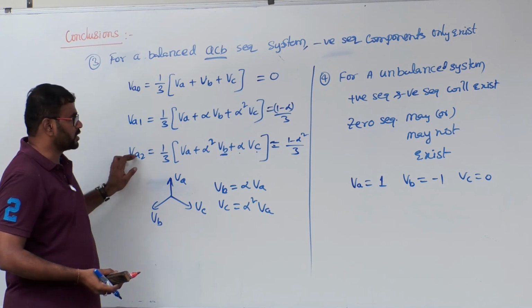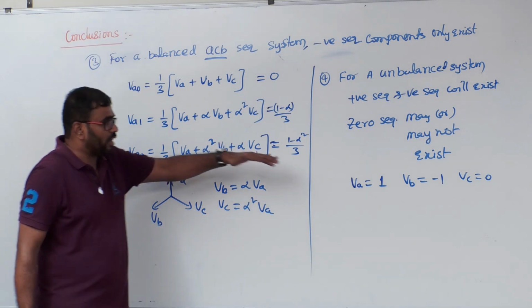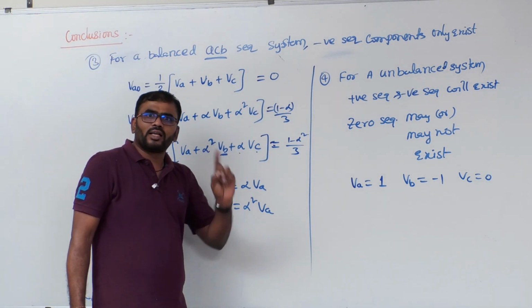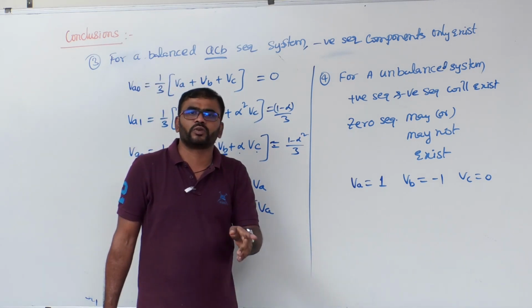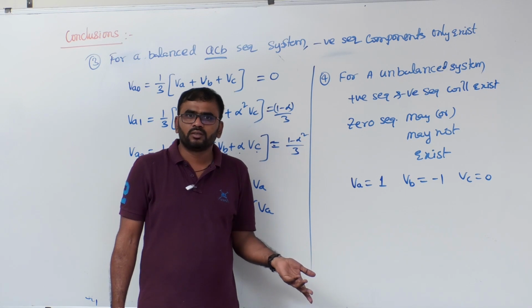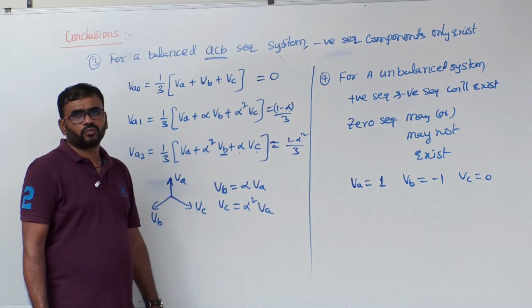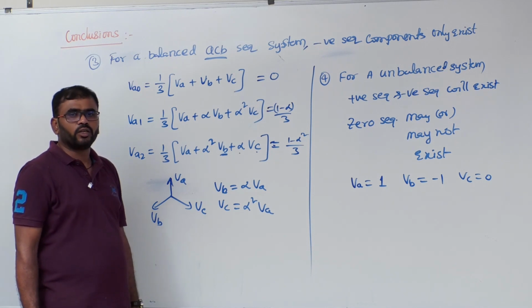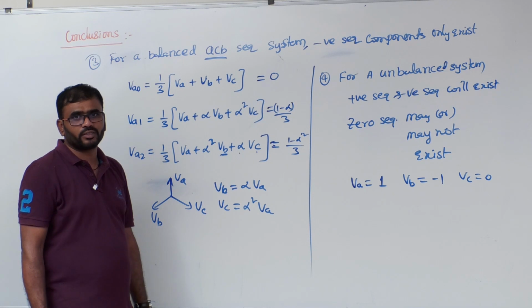Positive and negative sequence components are not equal to 0, but the zero sequence component is 0. That means for an unbalanced system, positive and negative sequence components will definitely exist, but zero sequence components may exist, which may be 0, may not be 0. Clear? So that's why you should be very, very careful with zero sequence components.